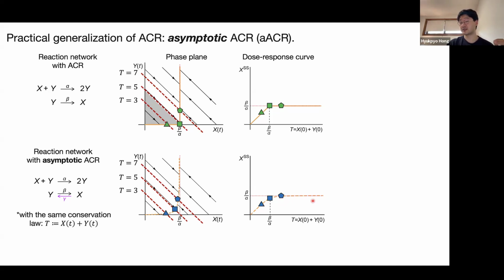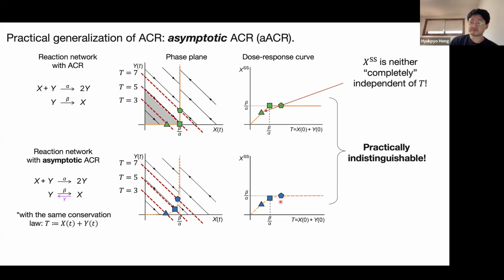So this orange curve never touches the horizontal line beta over alpha, but it eventually converges to the level beta over alpha. Imagine if we add some noise and measure discrete time points with less resolution than these theoretically drawn curves, then we will end up with practically not distinguishable curves.